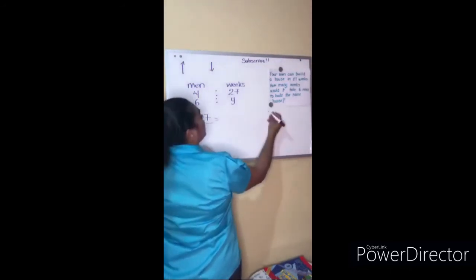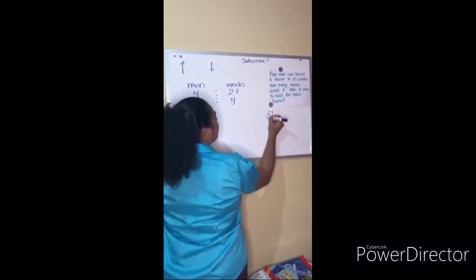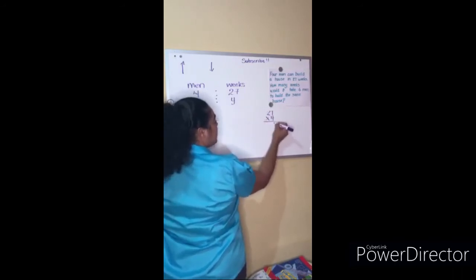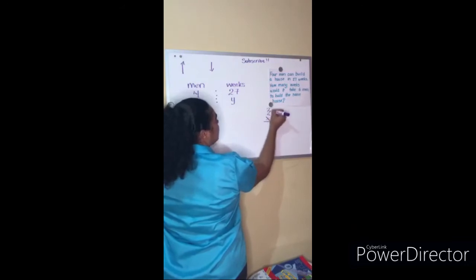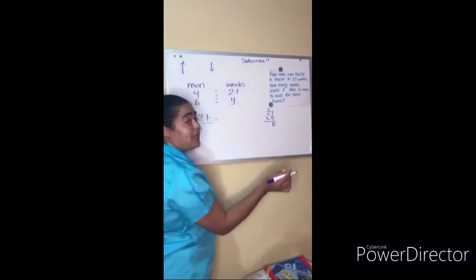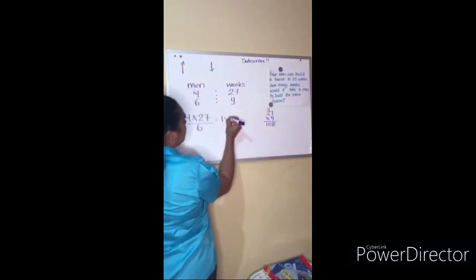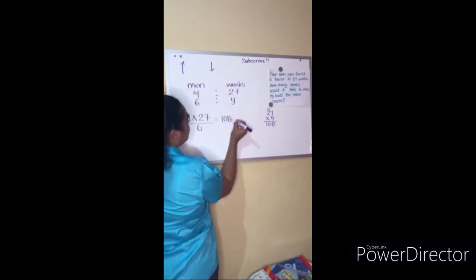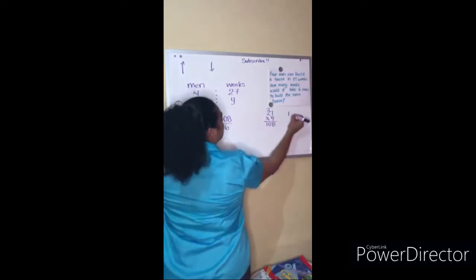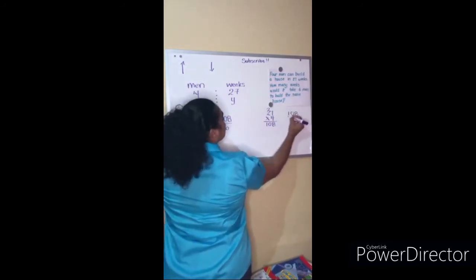So let's see what it is. 27 times 4. 4 times 7 would be 28. 4 times 2 would be 8 and 2, 10. So that would be 108 divided by 6.